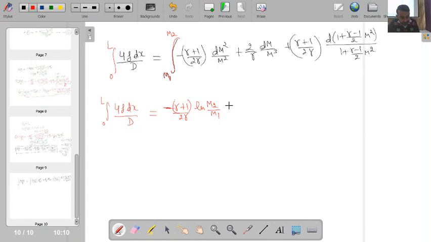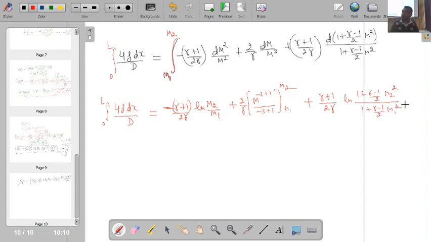Then plus 2 by gamma, and integration of dM by M cube will be M power (minus 3 plus 1) divided by (minus 3 plus 1), with limits of integration from M1 to M2. Then I will be having plus (gamma plus 1) by 2 gamma into ln of (1 plus (gamma minus 1) by 2 M2 square) divided by (1 plus (gamma minus 1) by 2 M1 square).